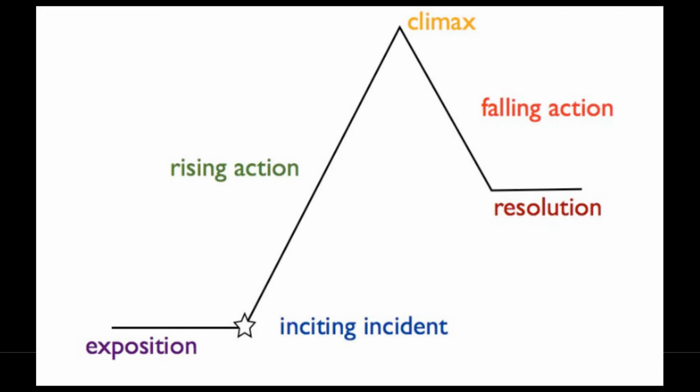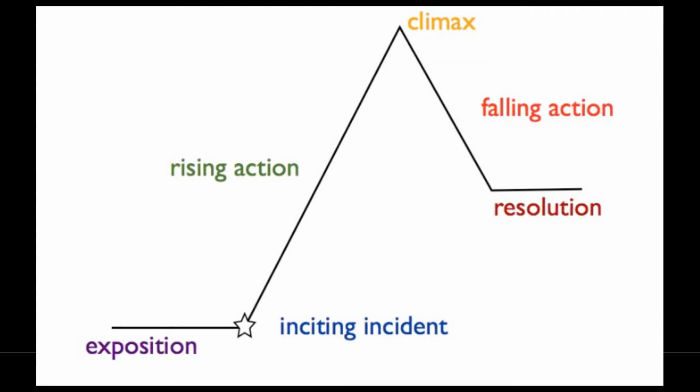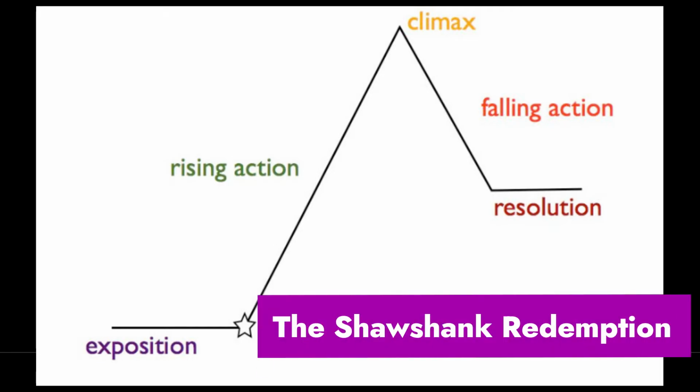Climax is the turning point in the story's plot structure. The falling action explores the aftermath of the climax. And then we have the resolution, which ties up the loose ends of the climax. We'll now demonstrate these 6 elements through the Shawshank Redemption plot structure.